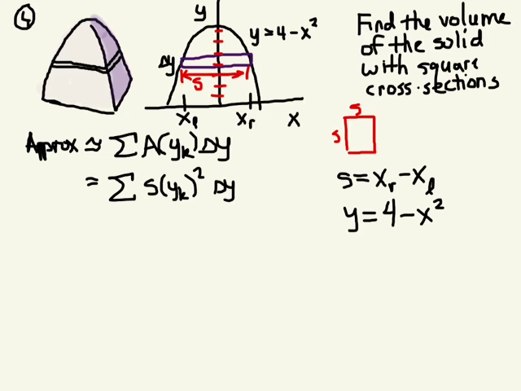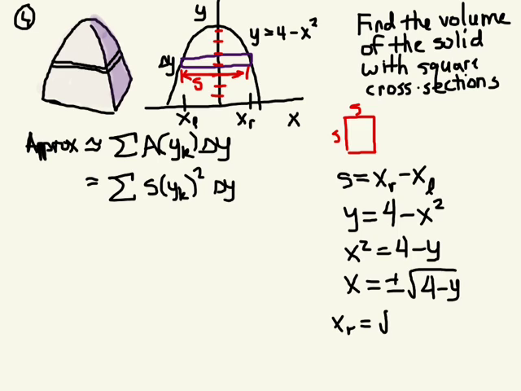So let's see, if we move the y to this side, take x squared and add it to the other side, we're able to get x squared equals 4 minus y. When we take a square root, we get plus or minus the square root of 4 minus y. And so that's where we actually get our two terms. X on the right is the positive version, and the x on the left is the negative version.